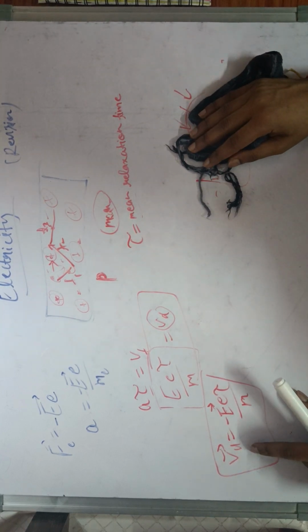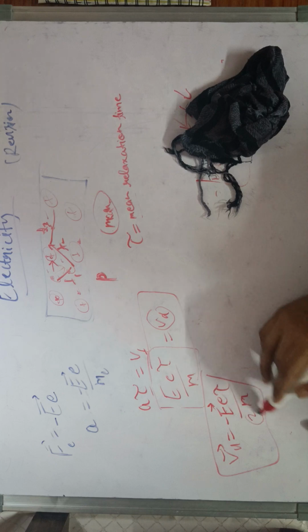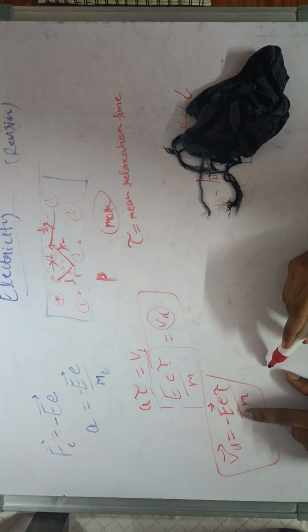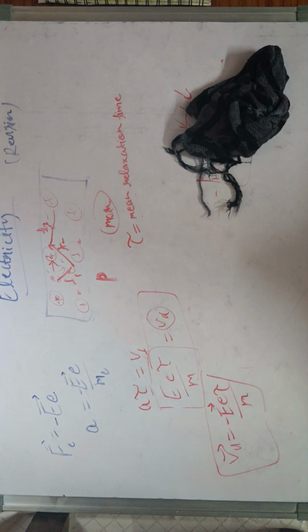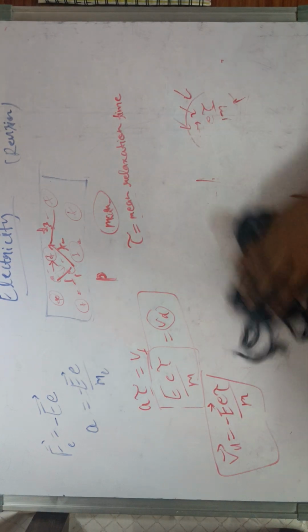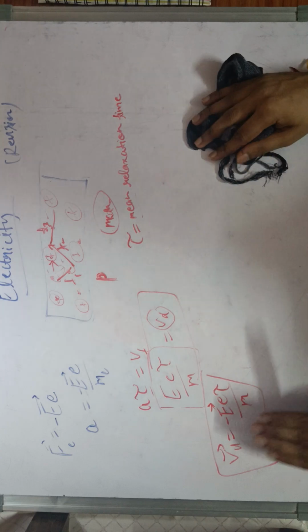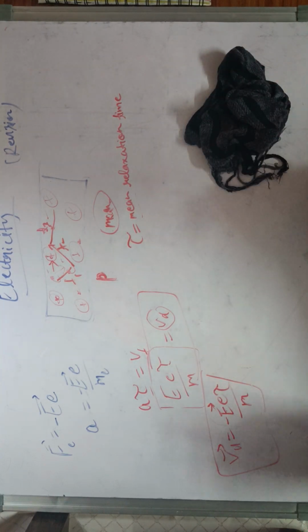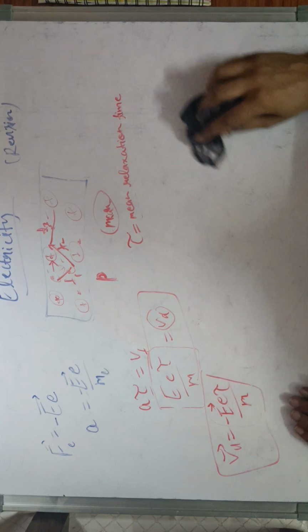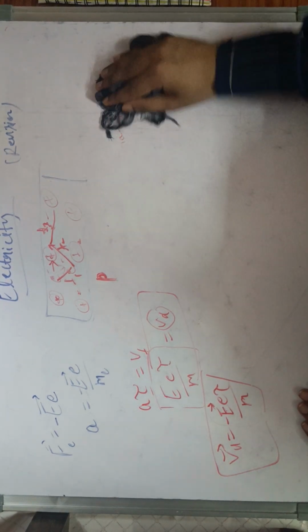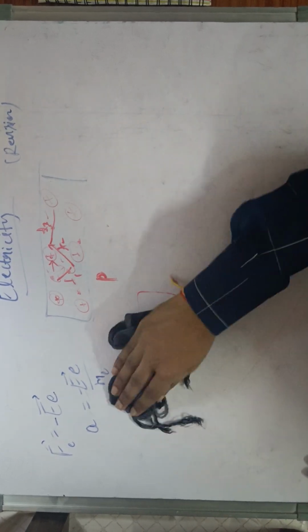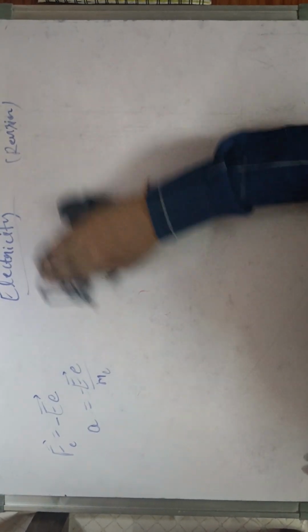Average velocity should have the factor of 2 here, but it is not that simple to predict the motion, and in NCERT this is the formula for drift velocity. There is still some confusion whether it is 1 by 2 or not. In some books it is, and in some books it is not, so it's better to go with what is written in the NCERT book.